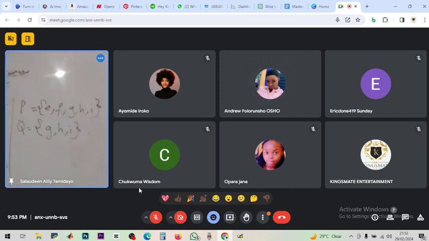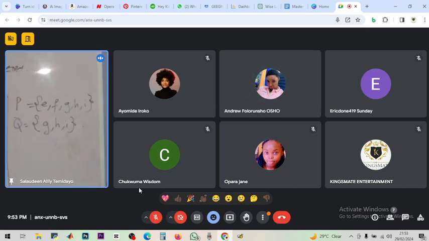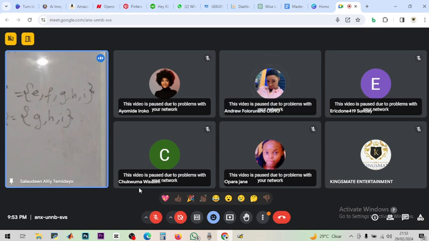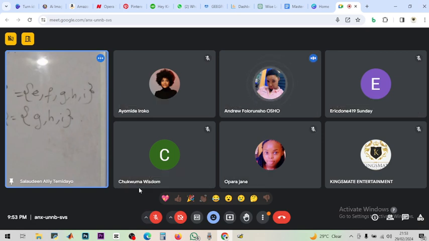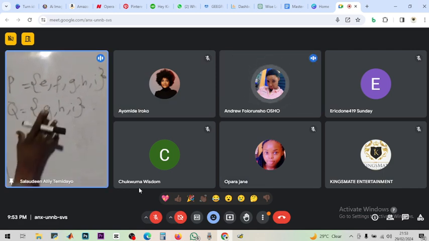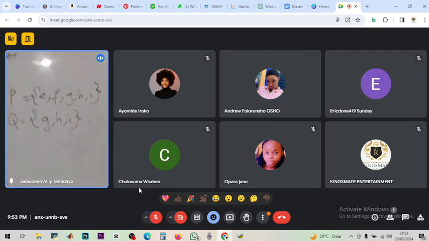I believe you guys are very smart. I'm very sure some of you are computer science students. Some of you are even studying physics according to the introductions you made. So I believe I can get from you the similarity between these two sets.